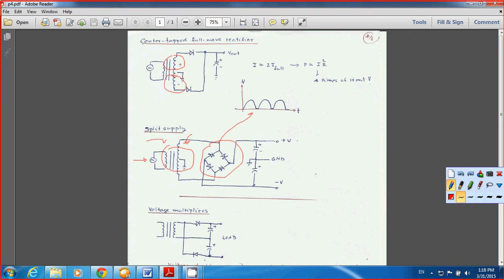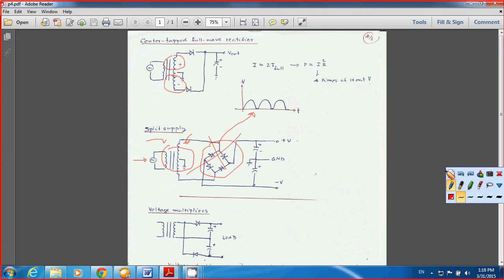When you have an input signal coming in, you have the output signal look like this one. Long time ago, people tried to use a center tap full wave rectifier, which means they don't use this one. They just use a center tap transformer.